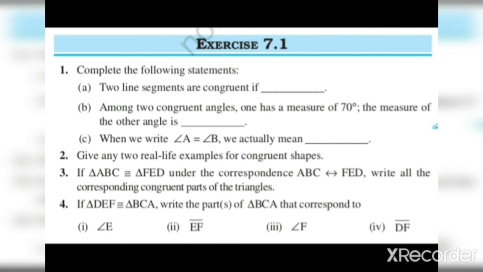Now, on the basis of our knowledge, let's solve exercise 7.1. Complete the following statement. If two line segments are congruent, if, what should I write in the blank? If they have the same length.